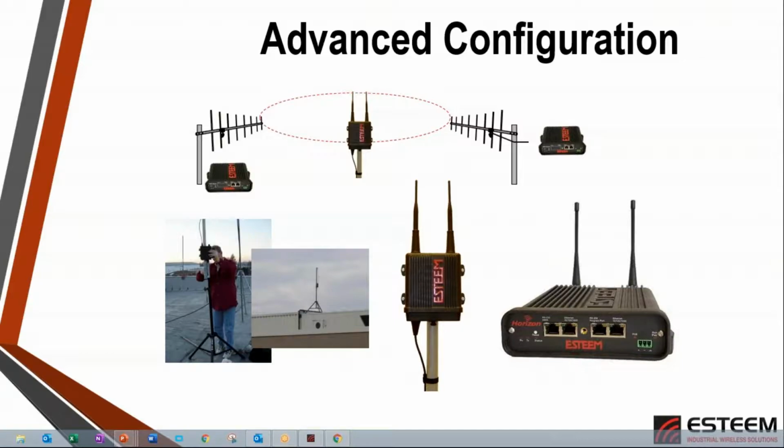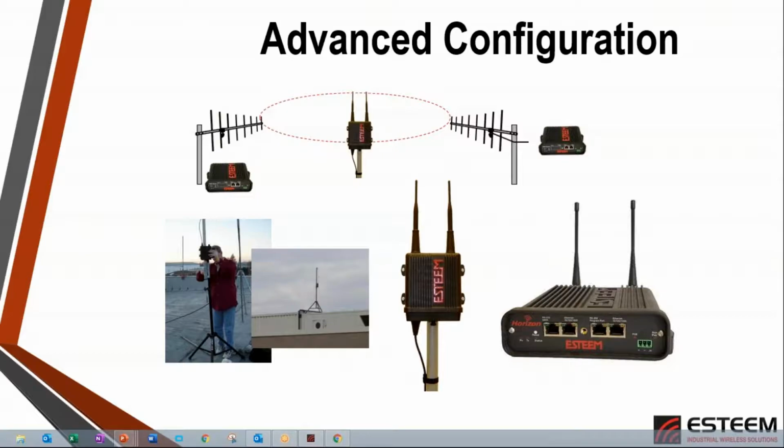And for this day, what we're going to do is cover some of the advanced features in the advanced configuration menu within the ESTeem products, primarily concentrating on the Horizon series. Where we've gone so far in this training series, we've covered the basics of radio communication, from antennas to cables to radio propagation.